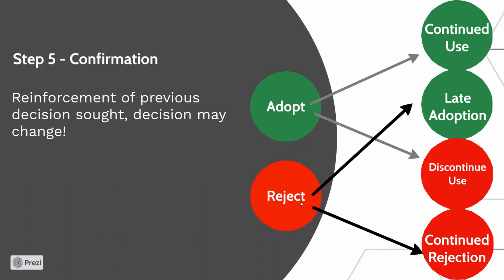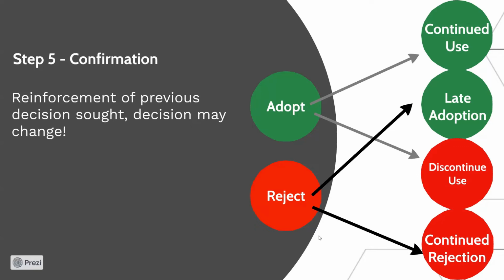Second, if we initially chose to reject the innovation, upon implementation or observing others' implementation and evaluating the relative costs and benefits, we may choose to continue that rejection.